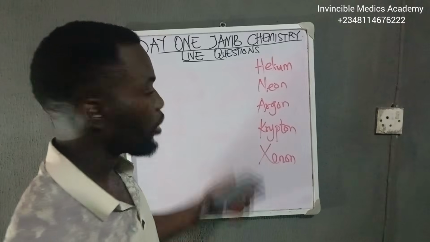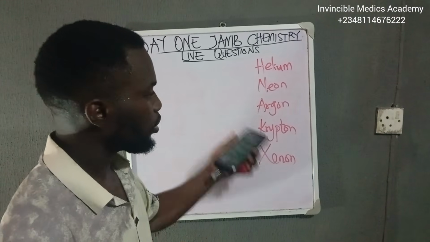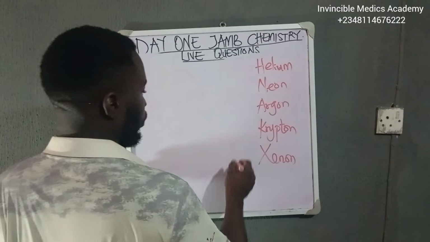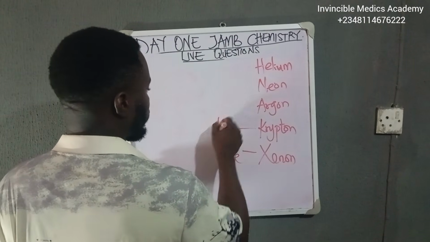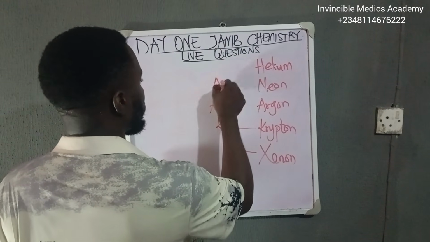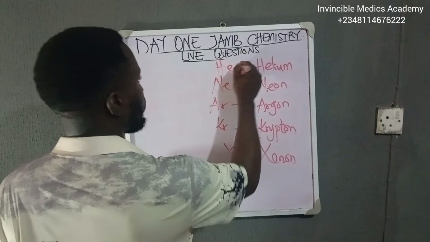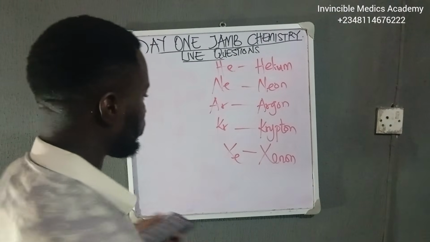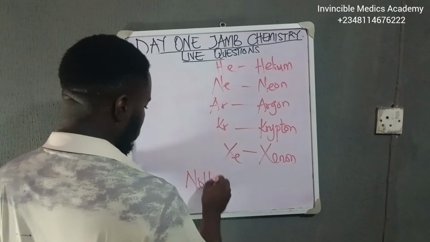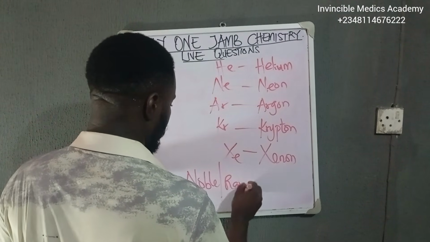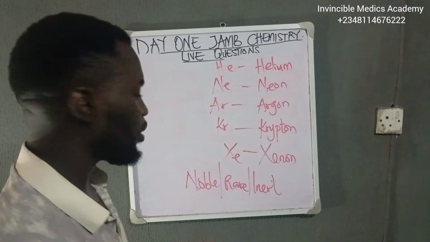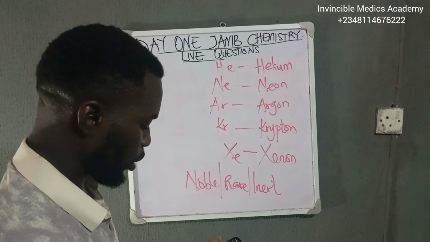These are the noble gases that we have. So you can call them noble gases, or you call them, this is xenon, this is krypton, this is argon, this is neon, and this is helium. They are the least reactive elements in the periodic table. So you can call them noble gases. I've said this before in my revision class: noble gases, or rare gases, or inert gases. Noble gases, rare gases, inert gases, whichever one you call them is correct.